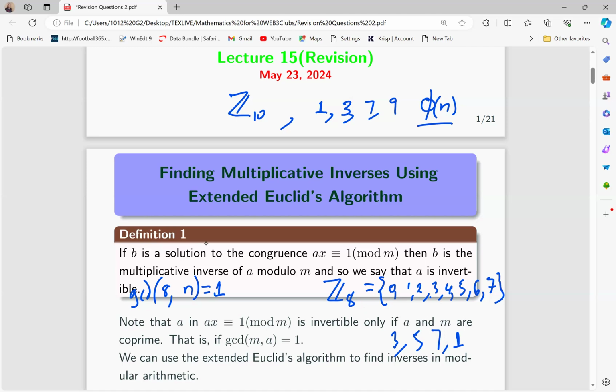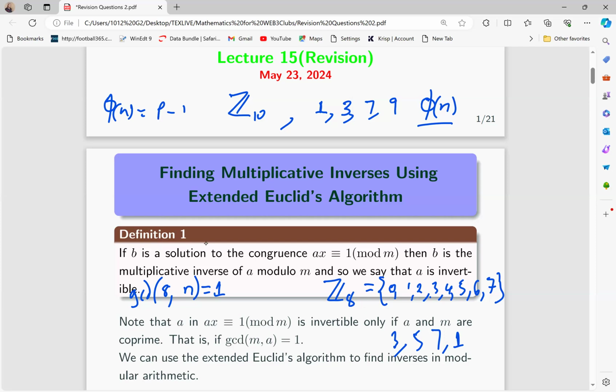We saw how to calculate Euler phi of n. If n is a prime number, Euler phi of n is given by that prime number minus 1. Is that okay? If it's not prime, we said we come up with the prime factors.